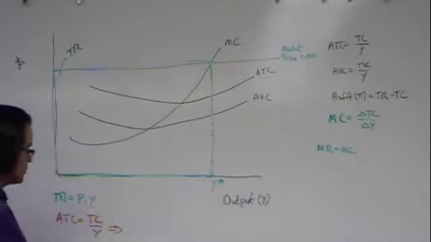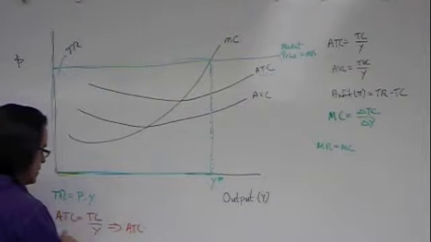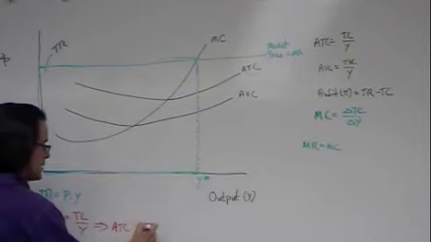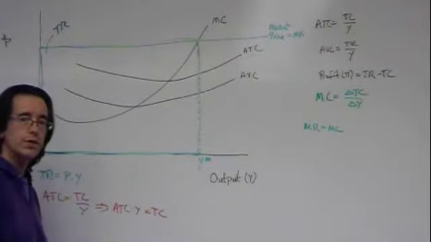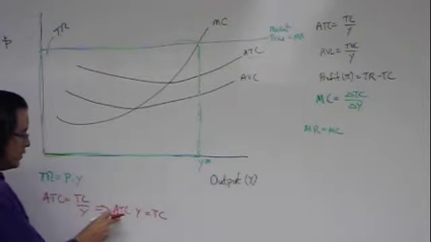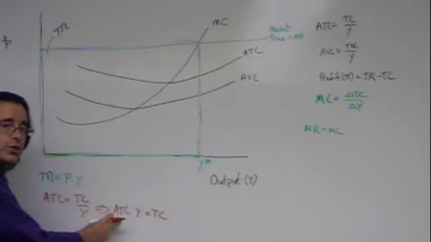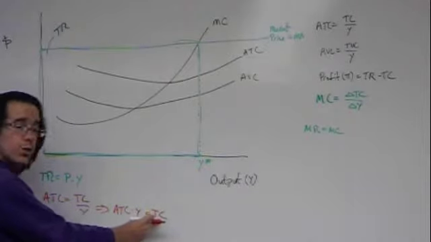So I'm going to say average total cost is equal to total cost divided by output. If we do a little algebra, we cross multiply. If we say average total cost, we'll cross multiply by the level of output, well, that gives us our total cost. So for a particular level of output, if we determine what the average total cost is and we multiply those two, we get the total cost.